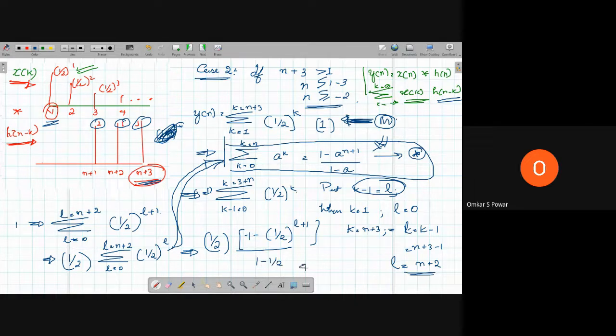So if you simplify, you will get this one, 1 minus half of n plus 3. You may ask, from where, sir, this n plus 3? So l is equal to k minus 1, l is equal to n plus 2. So this l, write it as n plus 2, and then you will get it, because you see the limits of l, 0 to n plus 2.